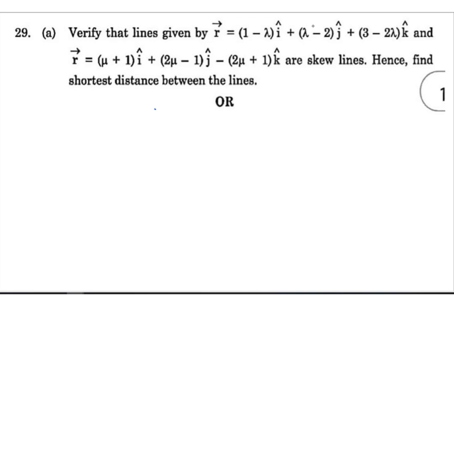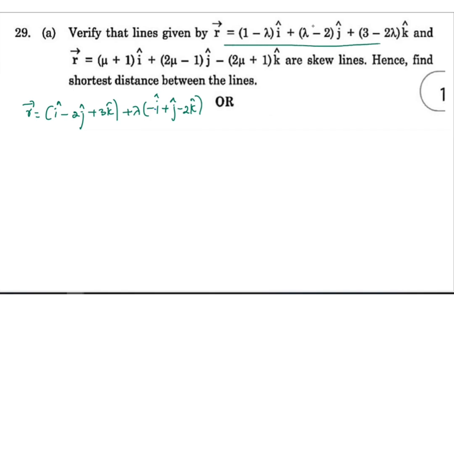Let me rewrite the lines as r vector equals i cap minus 2 j cap plus 3 k cap, then plus lambda times, I'm just separating the lambda part, minus i cap plus j cap minus 2 k cap from the given equation.